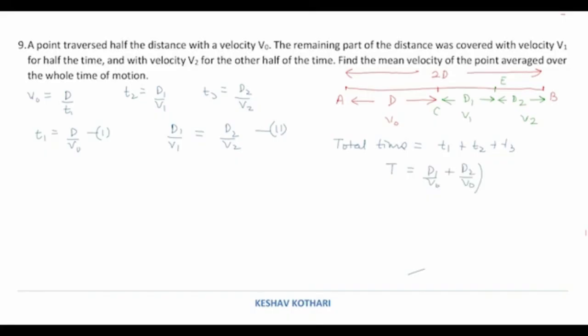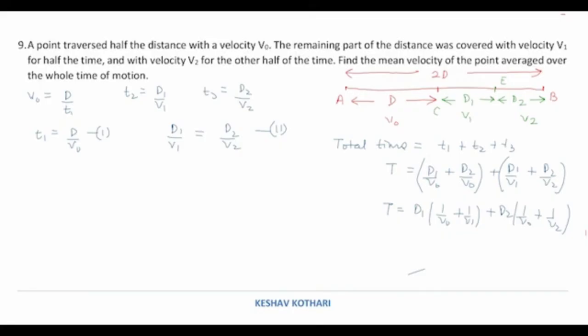I am writing capital D purposely as d1 by v0 plus d2 by v0, and then we get d1 by v1 plus d2 by v2. So over here we can express our equation in terms of d1 and d2 as d1 (1 by v0 plus 1 by v1) and d2 (1 by v0 plus 1 by v2). So we get this equation for the total time.